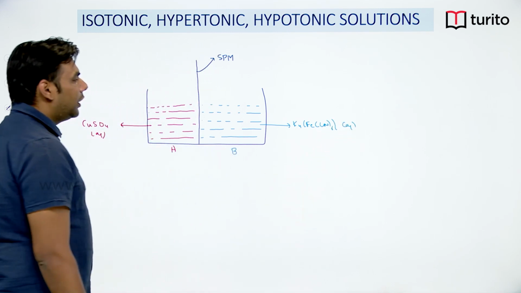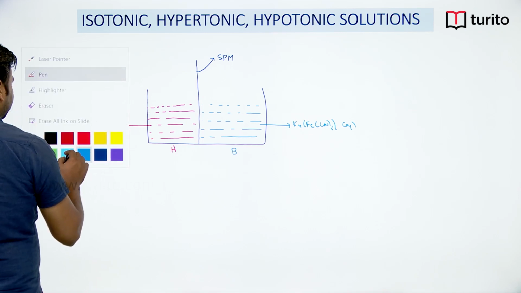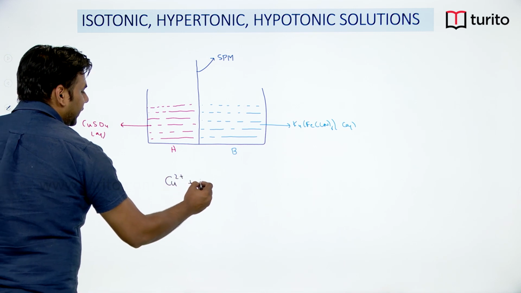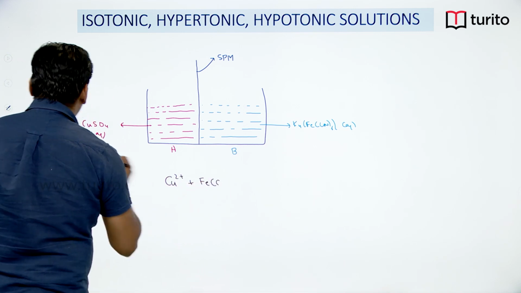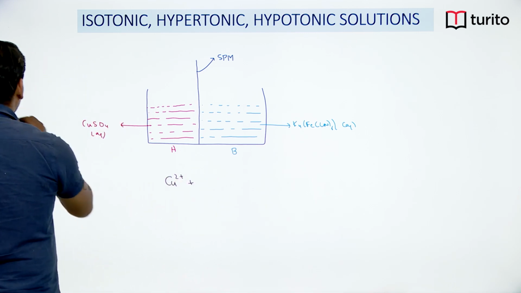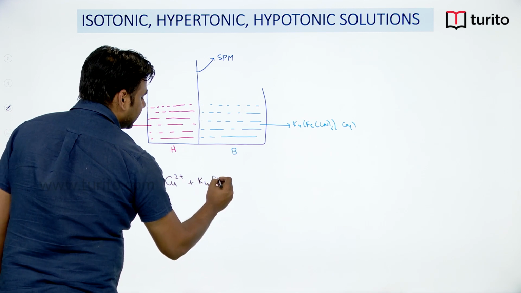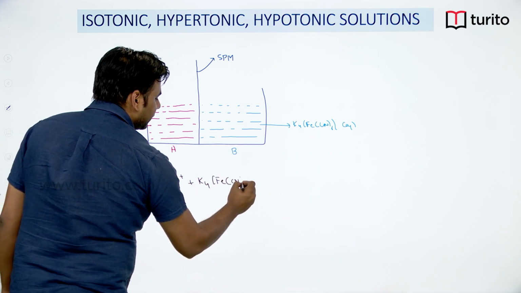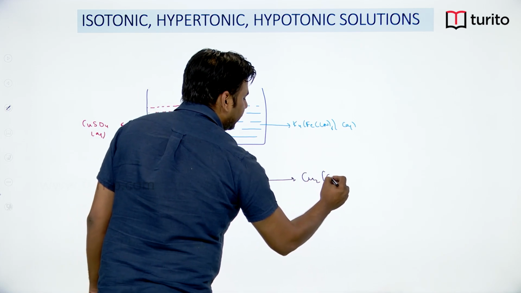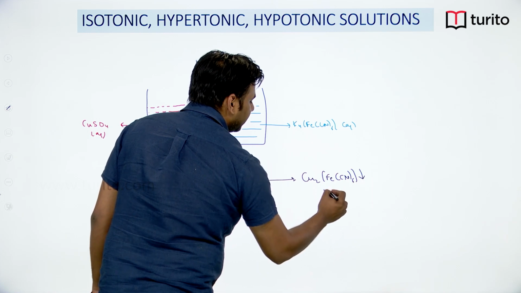Now in the question you have been given that when Cu2+ reacts with K4[Fe(CN)6], it forms Cu2[Fe(CN)6], and this is a brown color precipitate.